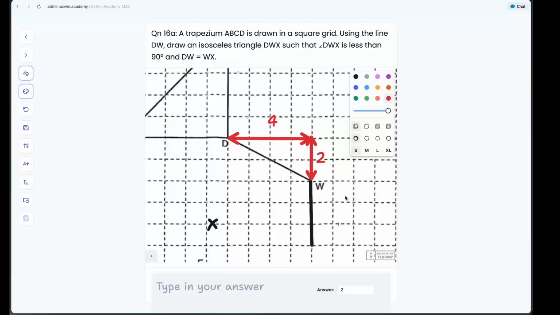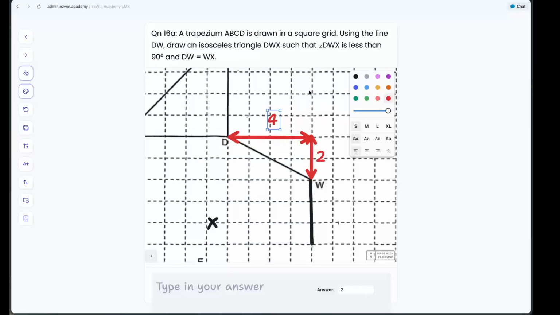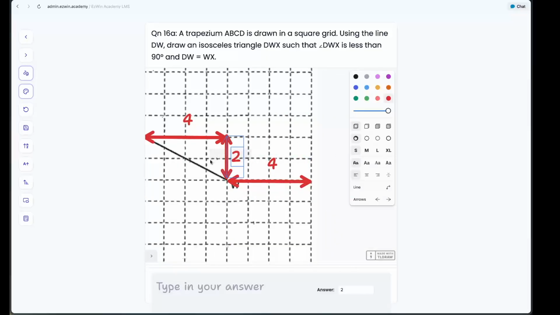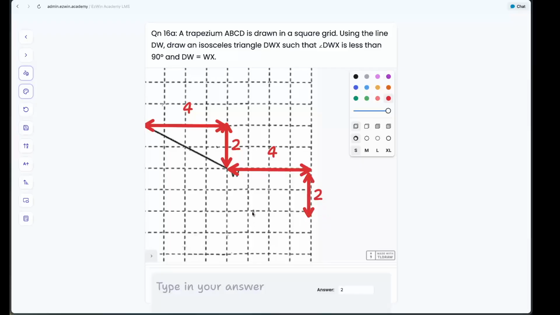So with that said, you want the DWX to follow; you can take it as the height and base of this measurement. So in this case, for example, if you were to take 4 across, something like this, and then 2, then you can get the same length of this line over here, something like this.